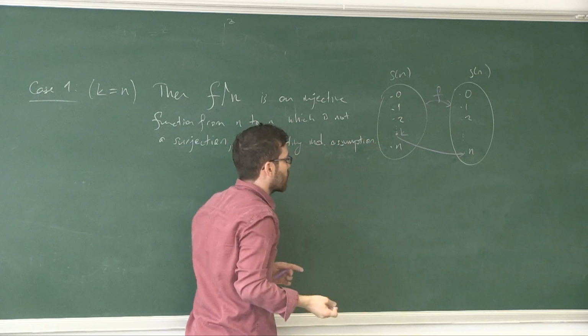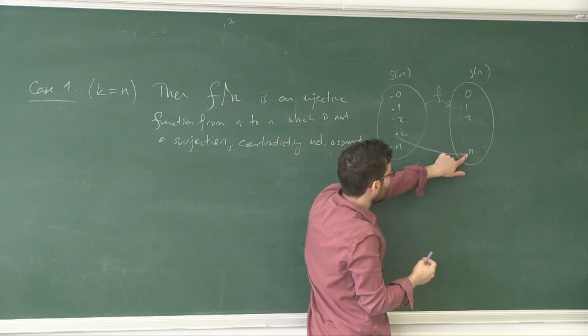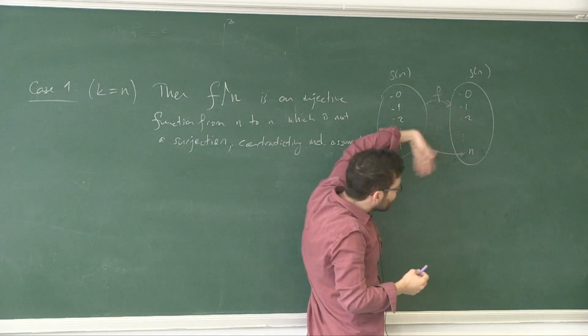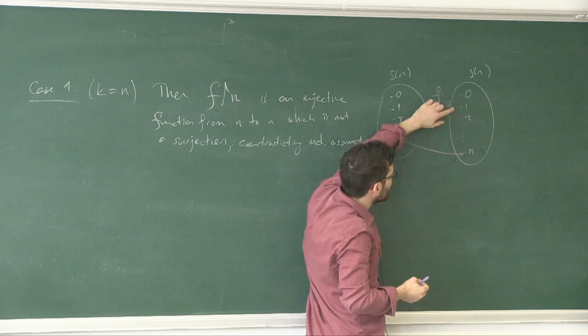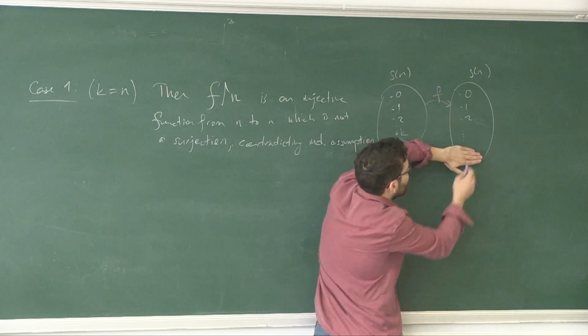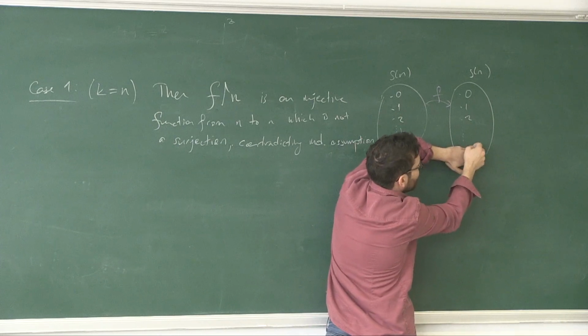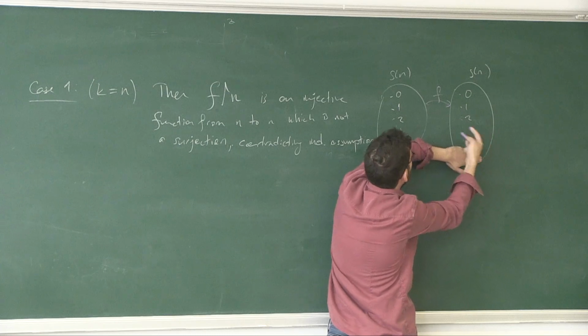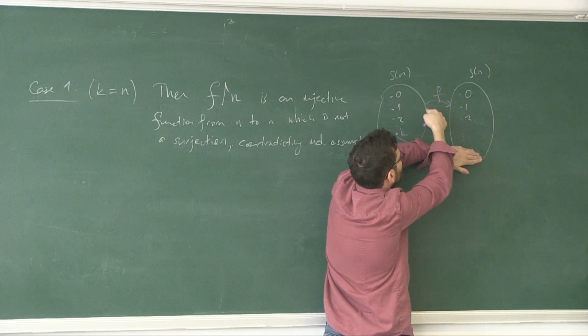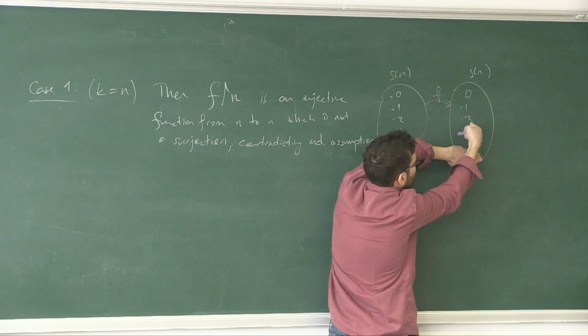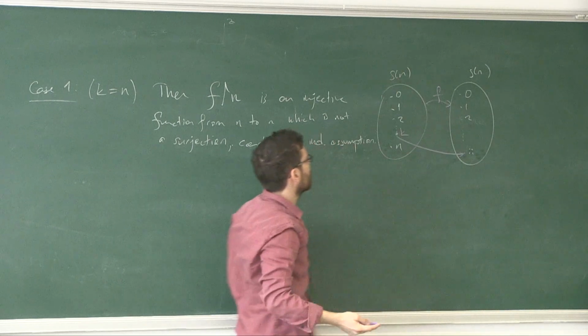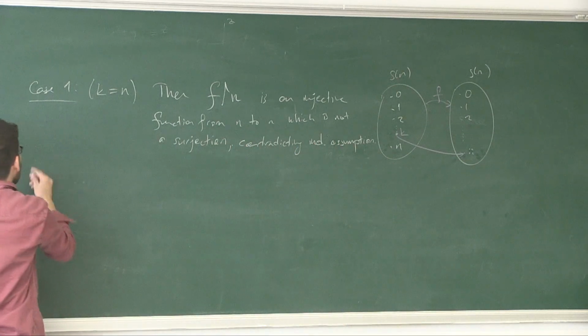Why is this not a surjection? Because this is in the range. There is supposed to be some element which is not in the range. It can't be this guy, so there has to be some guy over here which is less than n which is not in the range. But then if you look at the restriction of this function, you find an injective function whose range does not contain that guy, so we contradicted the induction assumption.